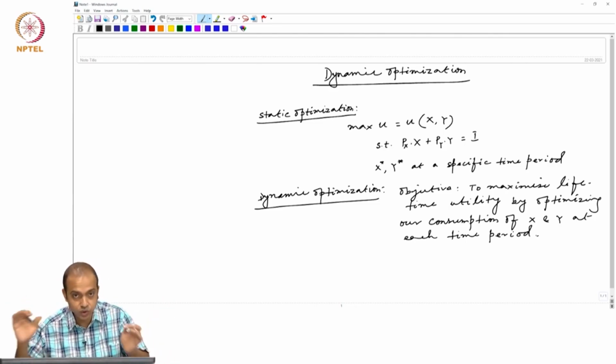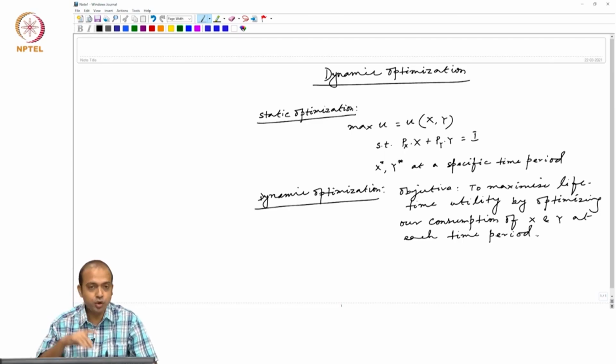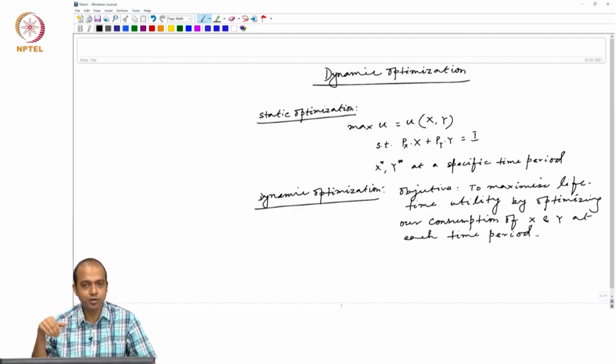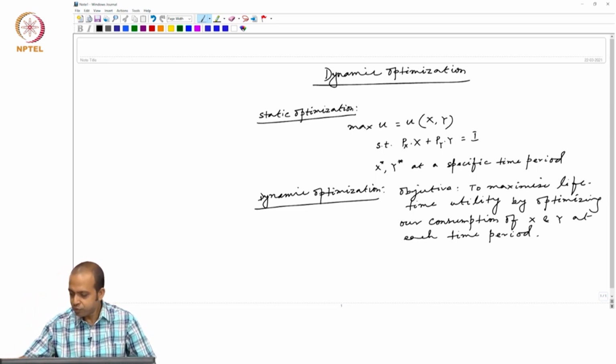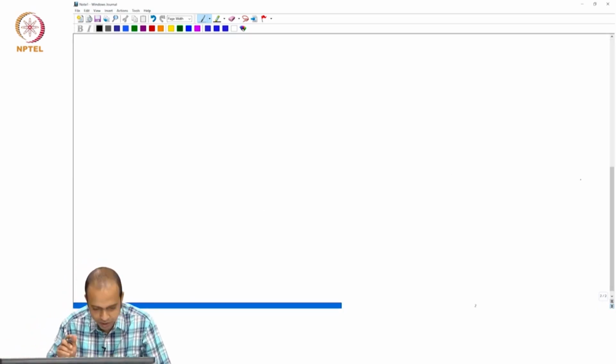That is what is called dynamic optimization. Obviously, the process is much more complex than the simple static optimization, where you are interested in optimizing your utility at one point of time. So, in dynamic optimization, I will give you a better example.